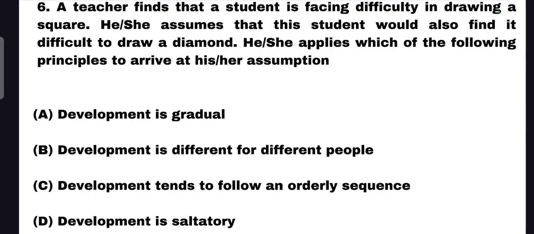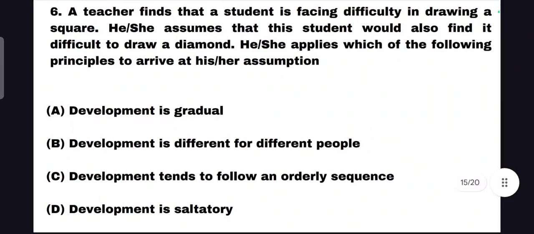The options are: option A, development is gradual; development is different for different people; development tends to follow an orderly sequence; development is saltatory. I give 10 seconds to find out the answer.